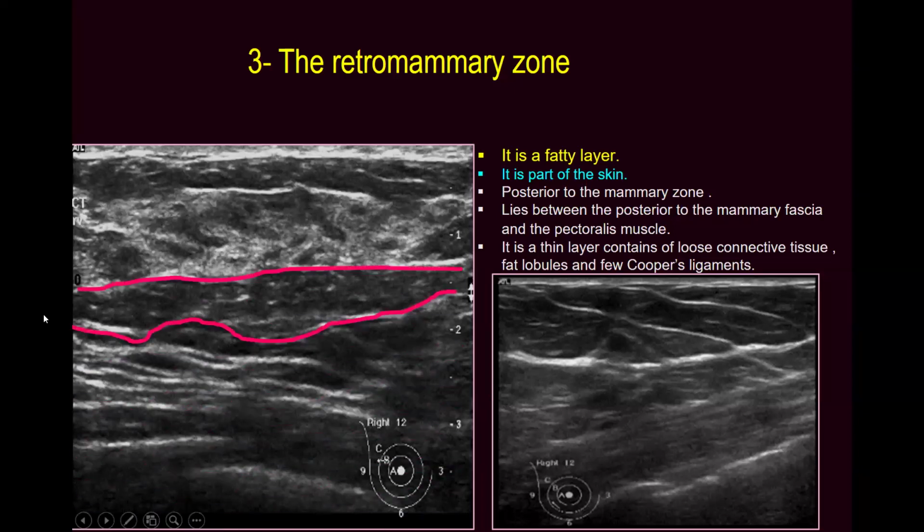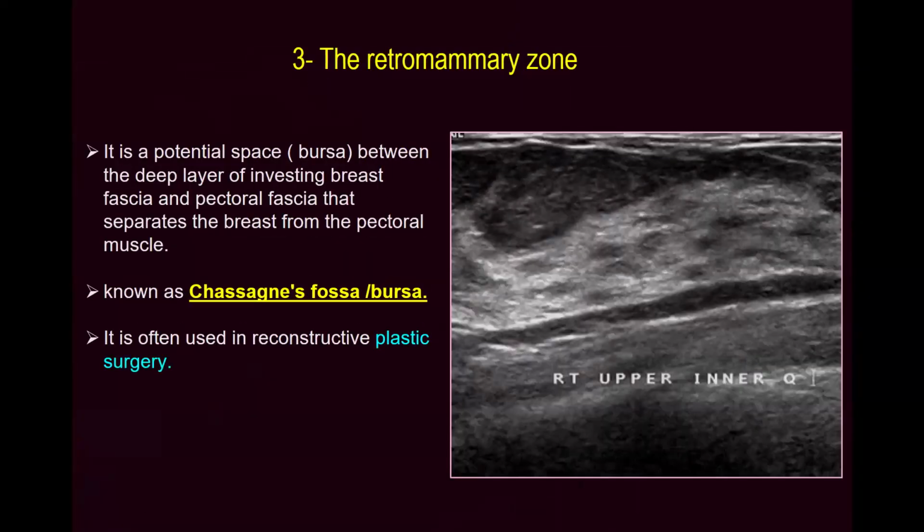Okay, that is the one. And that is the one. It contains a few Cooper ligaments. Okay, this is the Cooper ligaments. This yellow line represents the Cooper ligaments. Okay, here we can see this is the posterior or retromammary fascia, and this is the pectoralis.